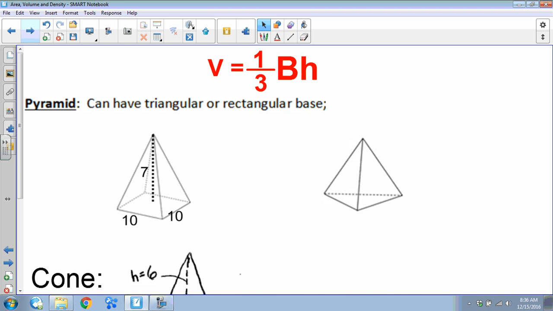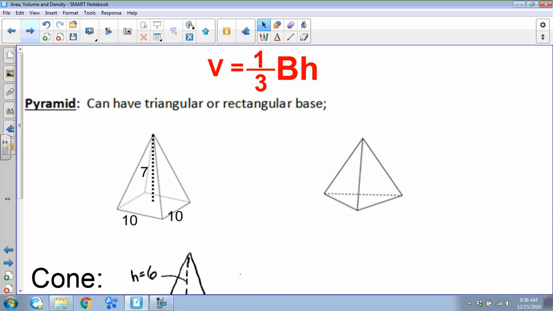And that's because if you go on YouTube or Google and type in why the volume of a pyramid is 1/3 base times the height, it'll show you that volume is like how much liquid you could fill it with, right? If I filled this little figure with liquid 3 times, it would fit into a triangular prism.